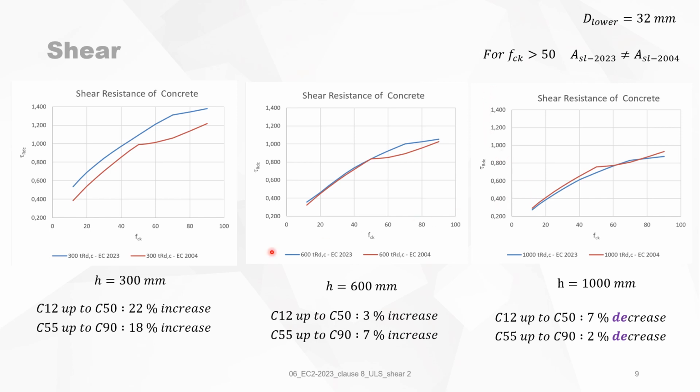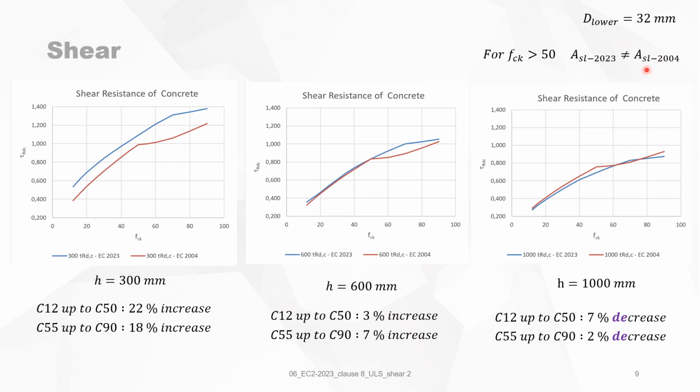But there is one remark: when calculating the concrete capacity for the shear, we have to put in some longitudinal reinforcement. We have taken this longitudinal reinforcement as the optimum reinforcement, but for high strength concrete, there's a different way of calculating the capacity, and that's why the longitudinal reinforcement is different in the version of 2023 regarding the version of 2004.